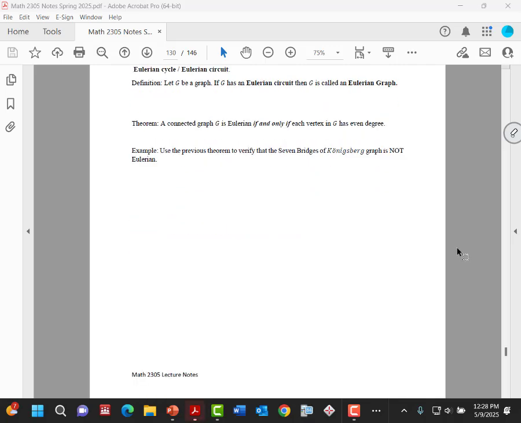So use the previous theorem to verify that the seven bridges of Königsberg problem, or graph, is not Eulerian. If I were to draw a very quick sketch of this graph yet again, like so, and label the vertices V1, V2, V3, V4.